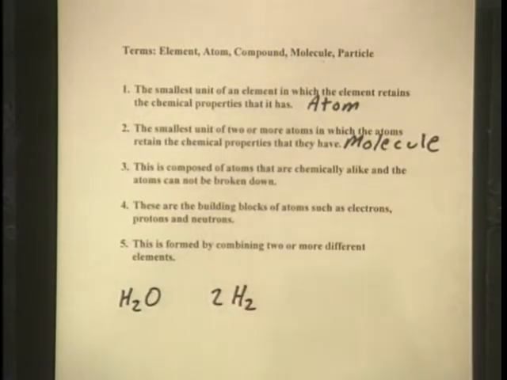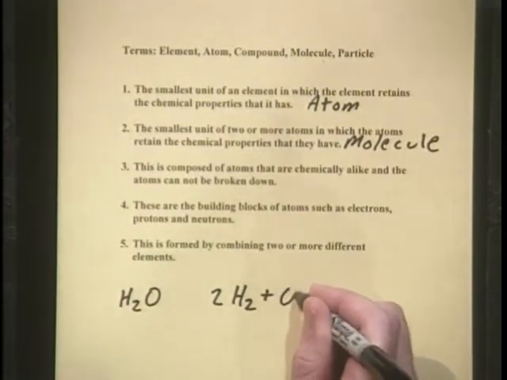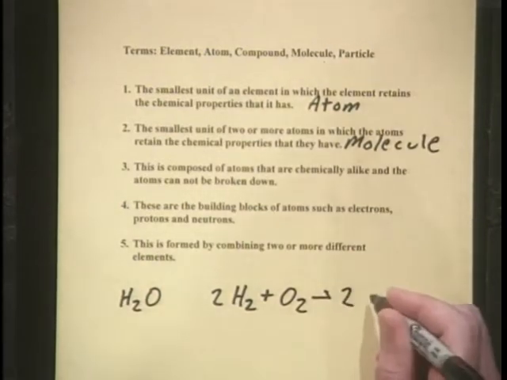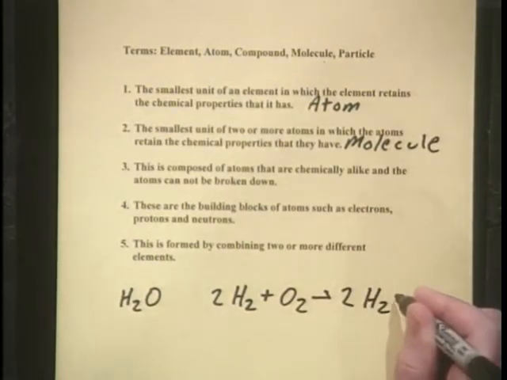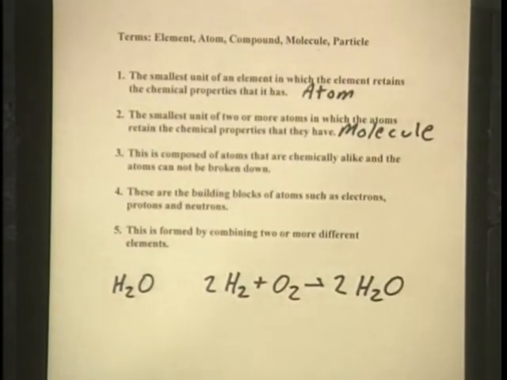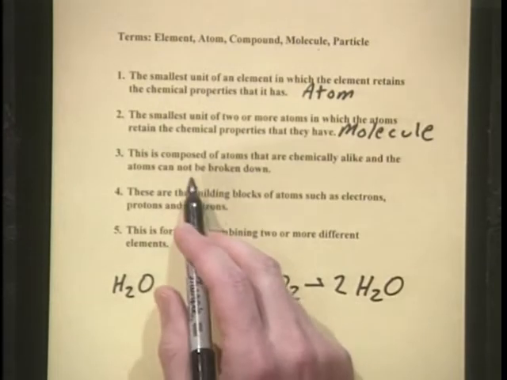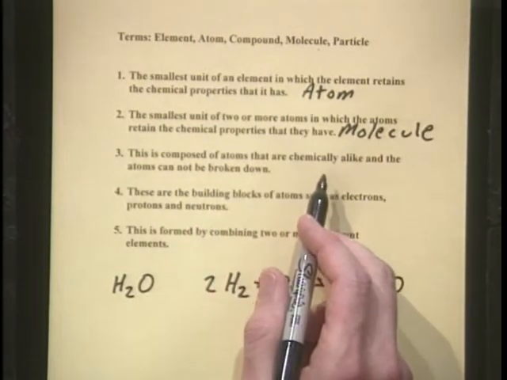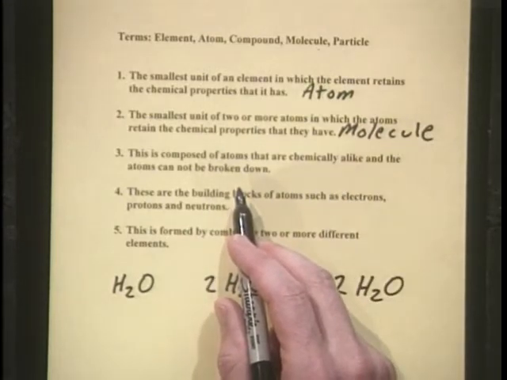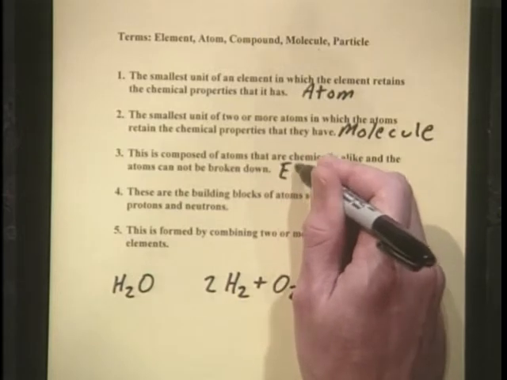Hydrogen, just like O2 and N2, has 2 hydrogens bonded together in its natural form, and that is added to oxygen O2 to yield 2 water molecules. All right, number 3 says this is composed of atoms that are chemically alike, and the atoms cannot be broken down further. The answer to that one is the element.